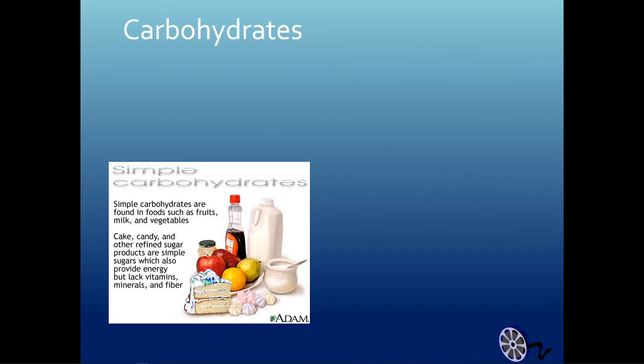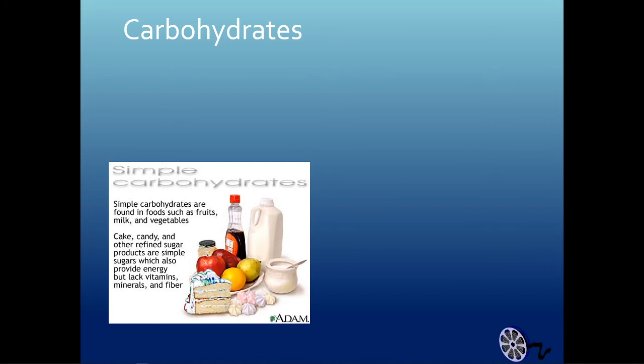So a monosaccharide or a disaccharide are these simple sugars. Things like glucose, fructose, galactose, maltose. And if you notice, all those sugars that I just named ended in OSE. So typically if we see a word that ends in OSE, we know it's a simple carbohydrate, or a simple sugar.